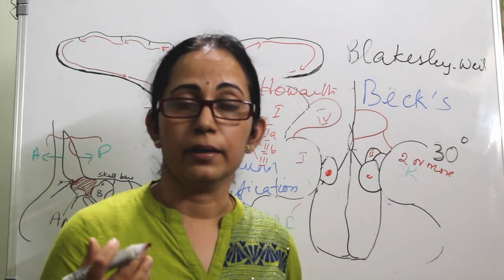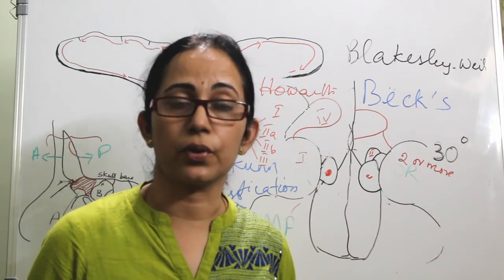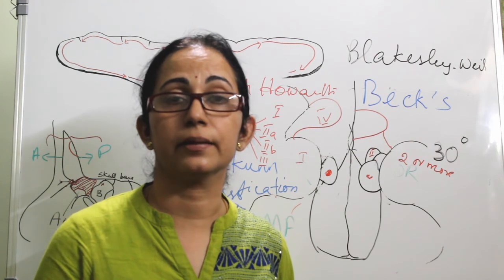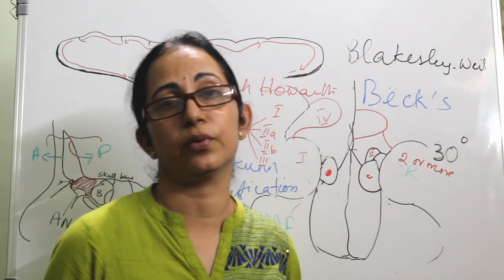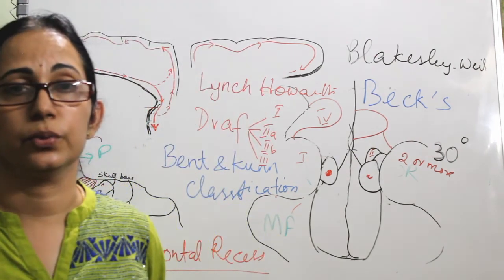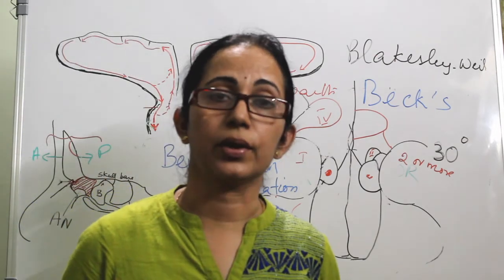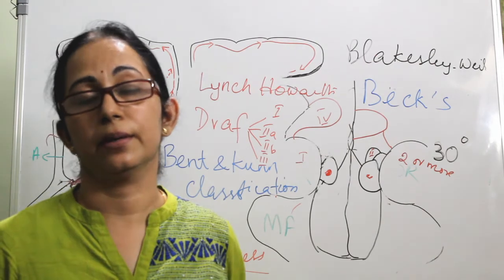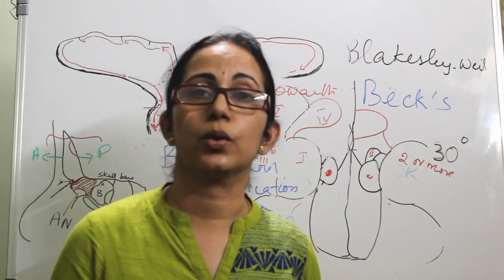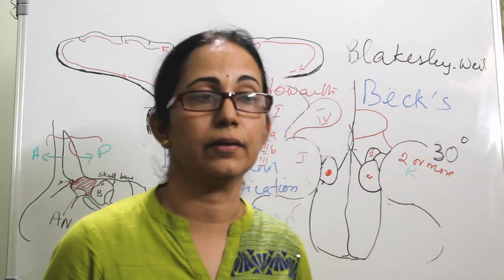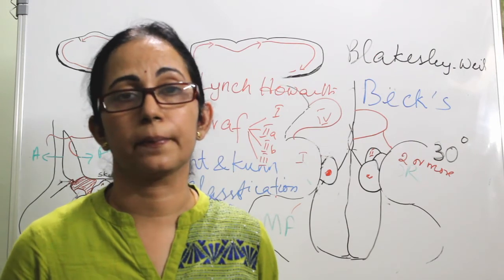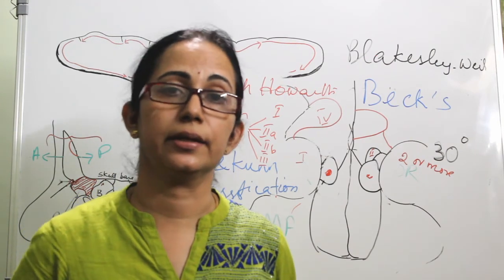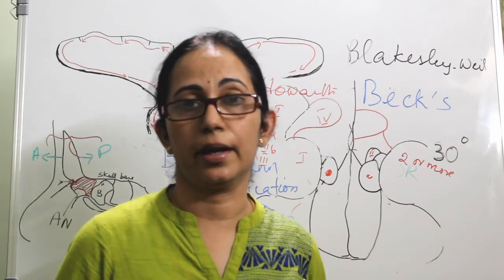Then the limits or the boundaries of the frontal recess and the methods to identify the frontal recess, and also the types of frontal sinus cells according to the Bent classification, and also the surgeries. Mainly we talked about the external procedure and internal endoscopic or Draf procedure.